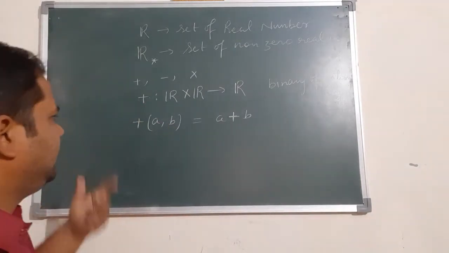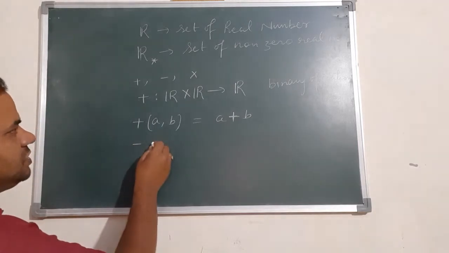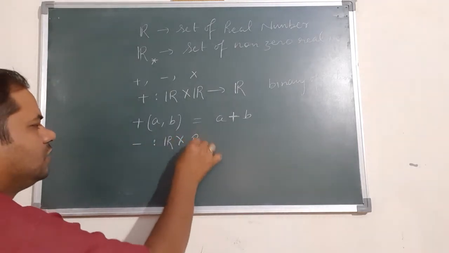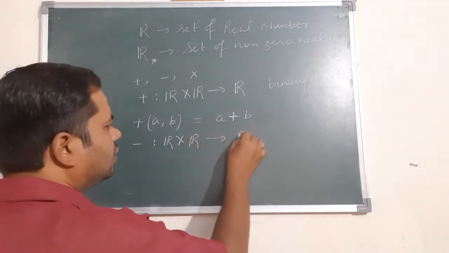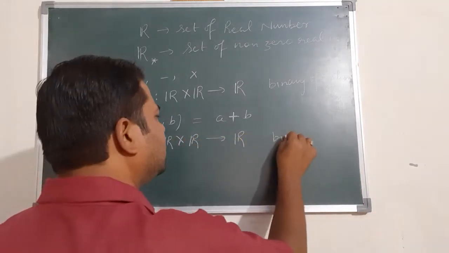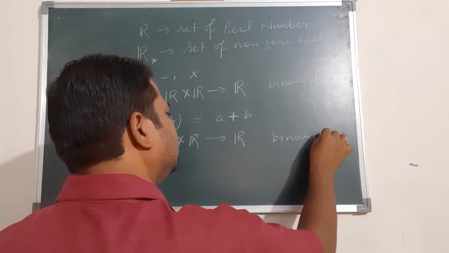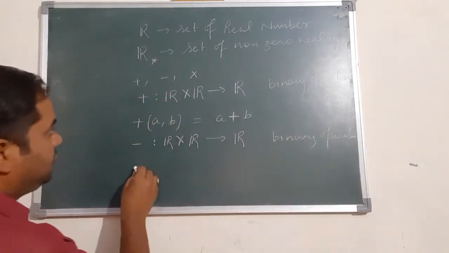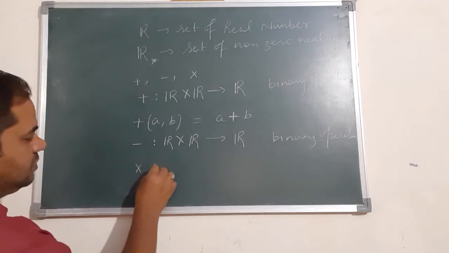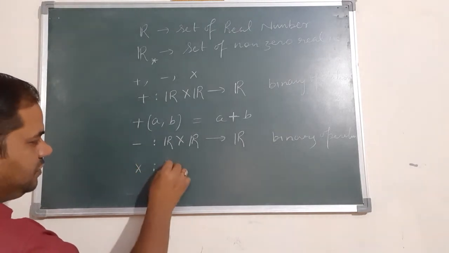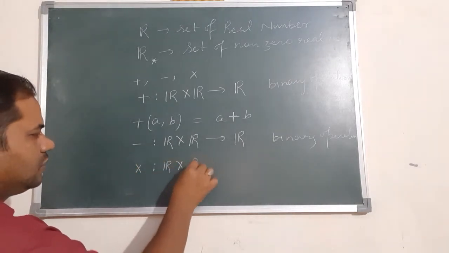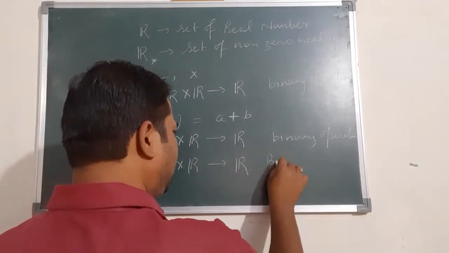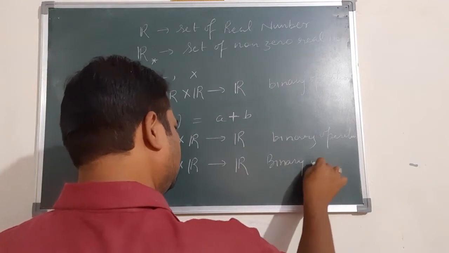Similarly, if you see minus, okay, so this is also from R cross R to R. This is also a binary operation. Okay, if you consider cross, that is multiplication from R cross R to R, then this is also a binary operation.